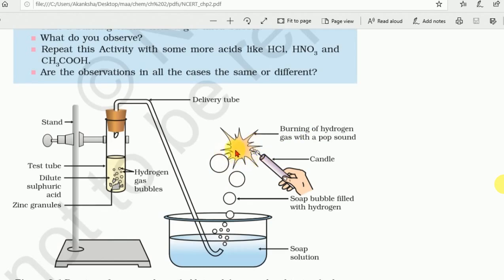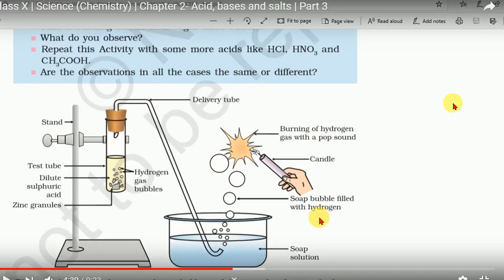This is not a chemical test, because we are bringing a burning matchstick or burning candle near the gas bubbles. It will cause a pop sound. So this will indicate that hydrogen gas is evolved. Now let us observe a video for this.